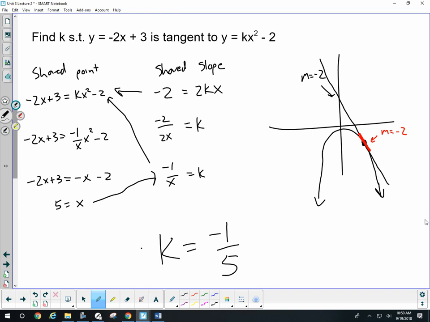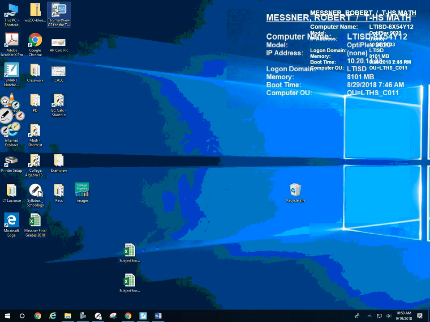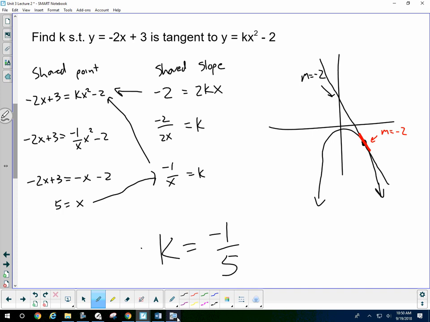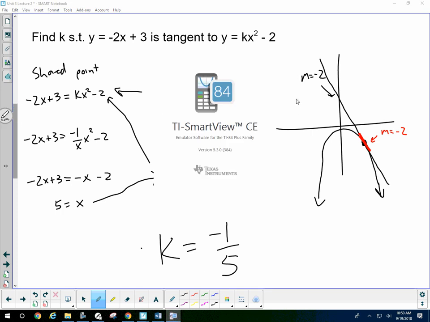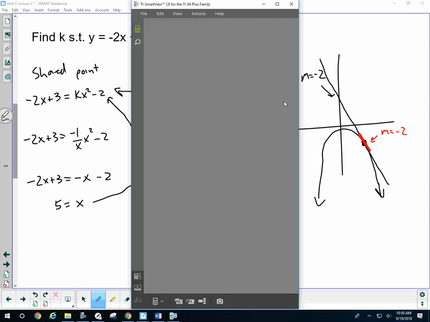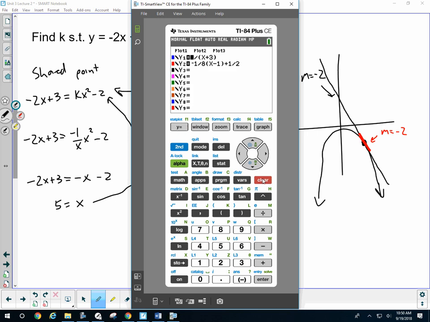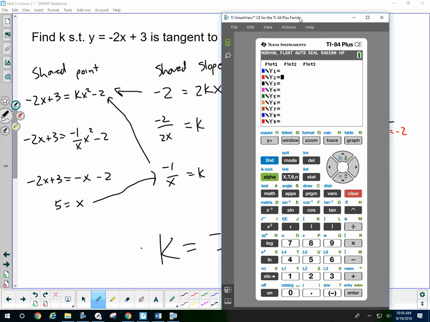It's cool to see this graphically to make sure that we are correct. You won't be able to do this on your quiz. However, I can right now. If you're ever doing homework problems, using a graphing calculator can help you with your confidence that you're doing the right thing.